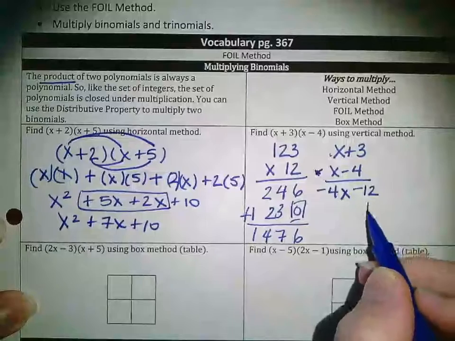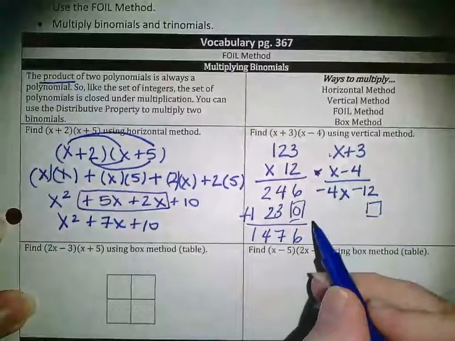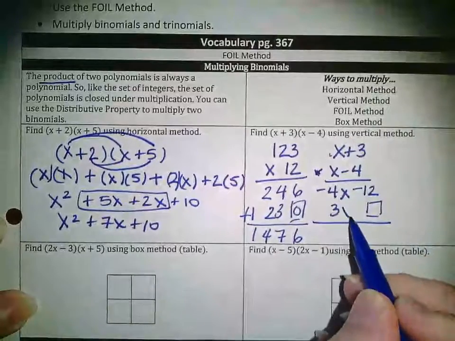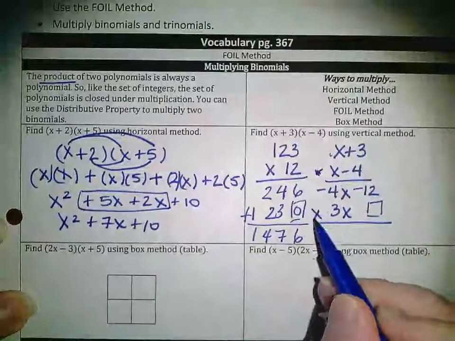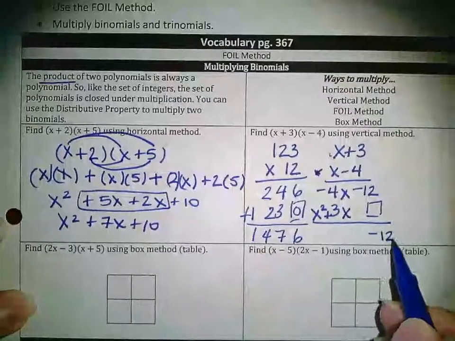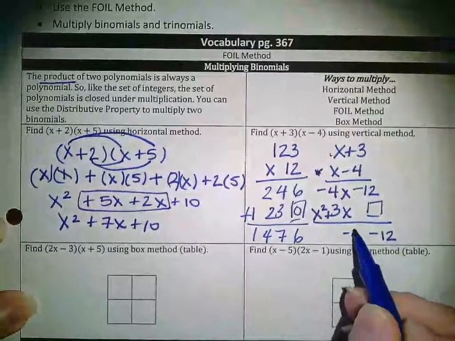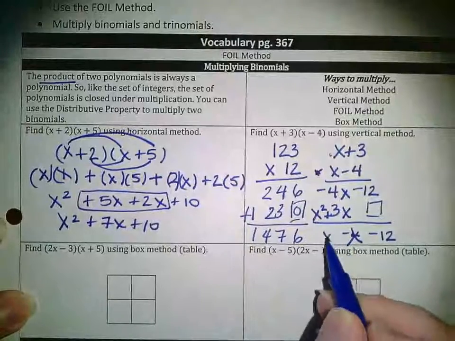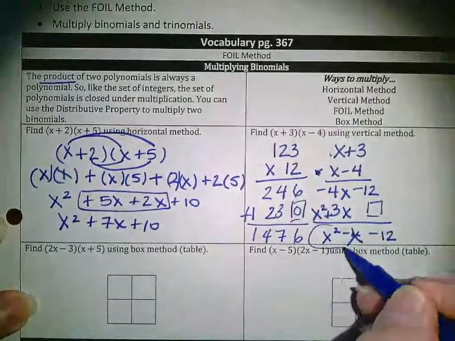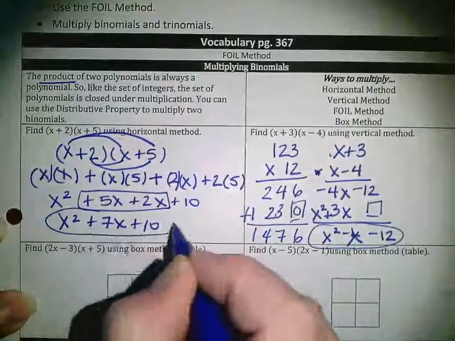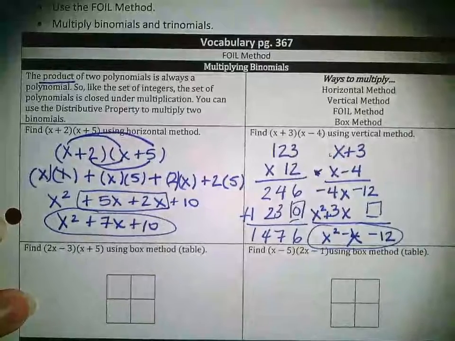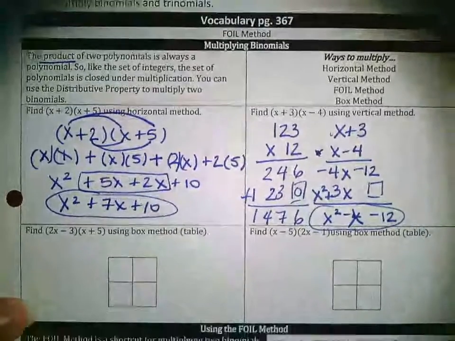Again, you would leave a space here. And then you would do x times 3, which is 3x, and x times x, which is x squared. And then you just go straight down, minus 12, minus x, and x squared. So again, really easy to make a mistake doing something like this. You have these two types of problems, and you've learned different ways of multiplying, but that's not necessarily the easiest way.